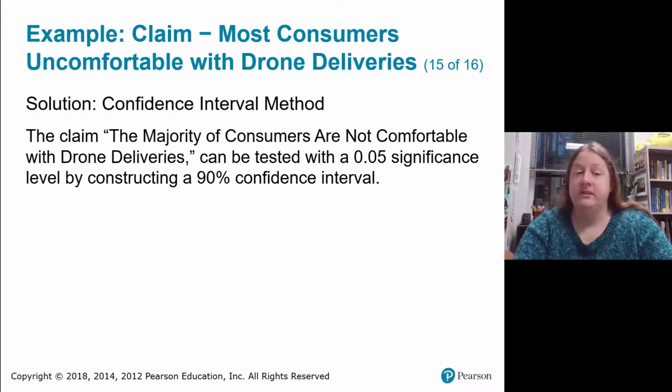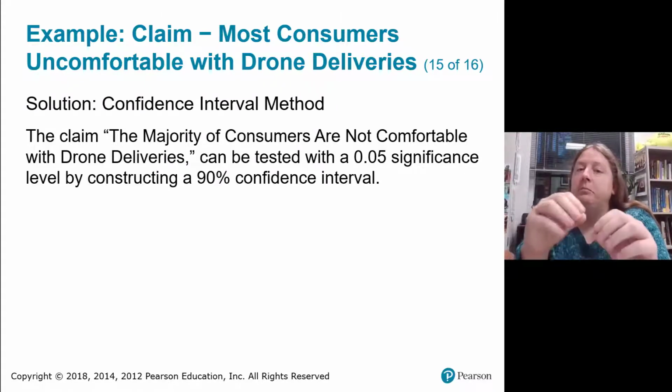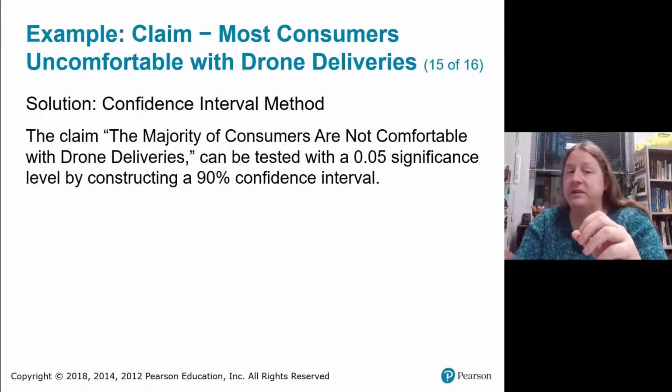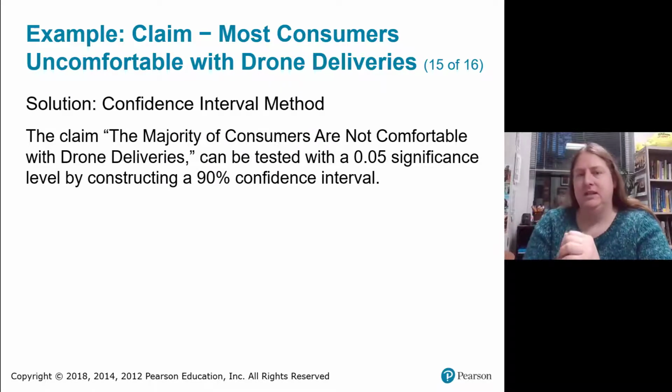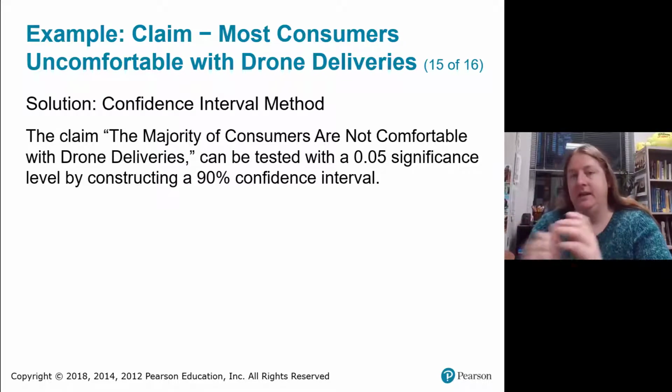Now, the confidence interval method. This claim that the majority of consumers are not comfortable with drone deliveries can be tested with a 0.05 significance level by constructing a 90% confidence interval. Now, it's a 90% confidence interval because we want 5% to be to the right, to have this significance level with just 5% in the right tail.